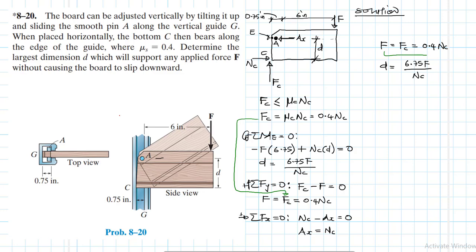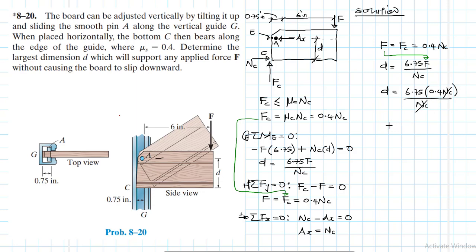Replacing the F here, D will be equal to 6.75 times 0.4 NC divided by NC.